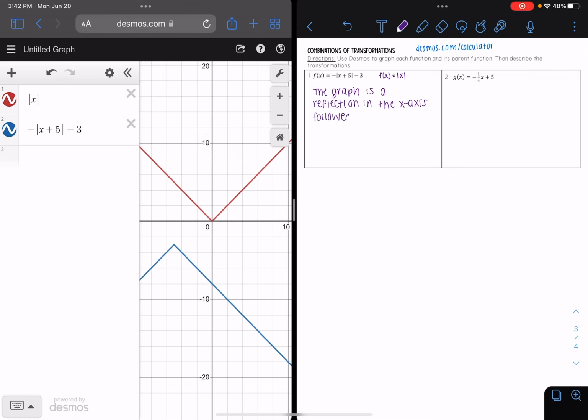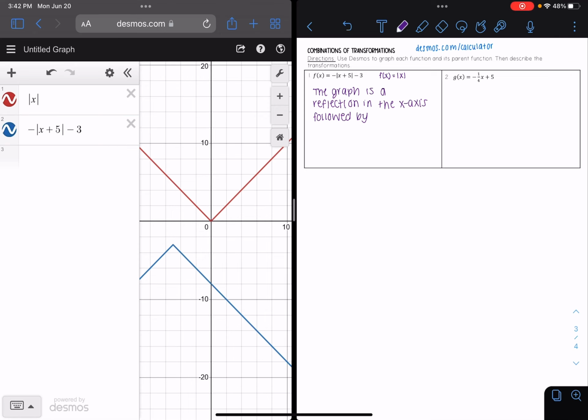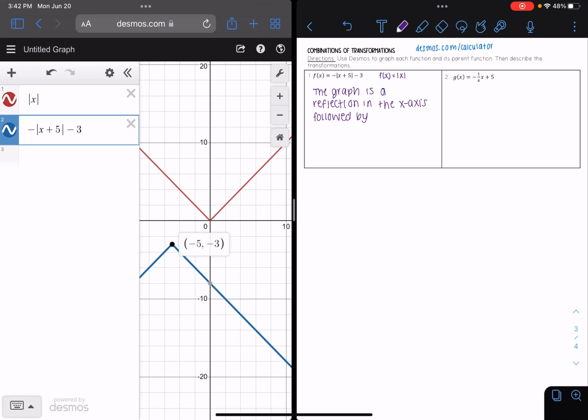Followed by, I see that my blue graph is shifted to the left, and I see shifted to the left 5, since my coordinate here is at negative 5. So I'm going to say it's shifted, or translation, 5 units left.